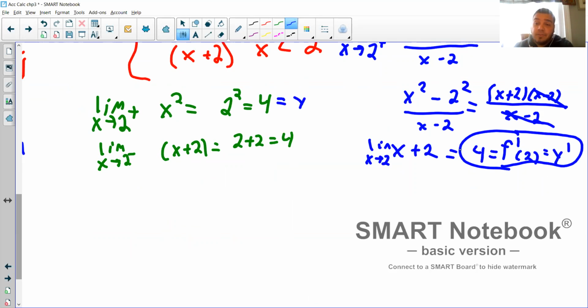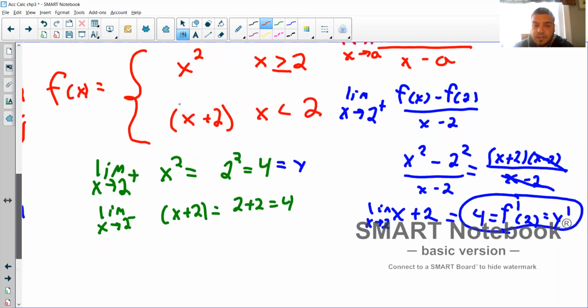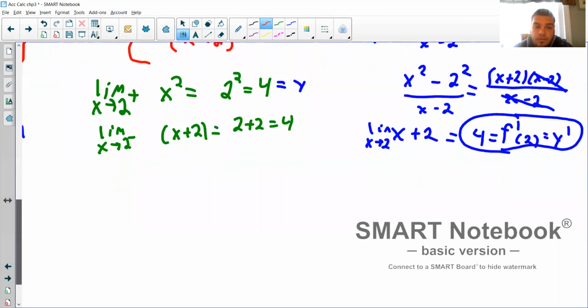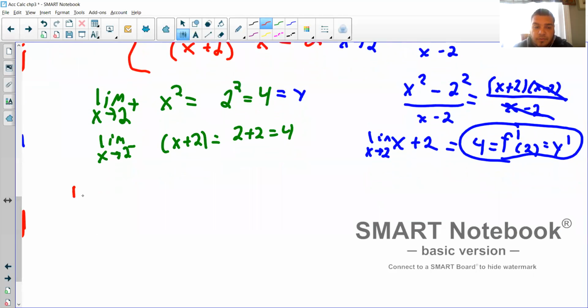So we just checked the positive side. We're going to follow up with the negative side. We're going to have to check the derivative from the negative side here. So let me just write the equation. The limit as x approaches a of f of x minus f of a over x minus a.